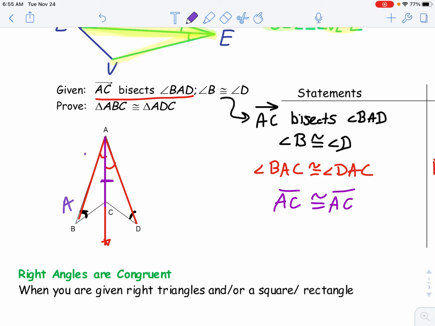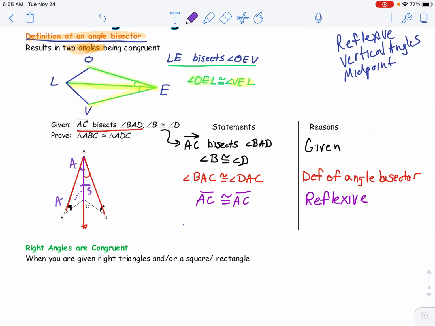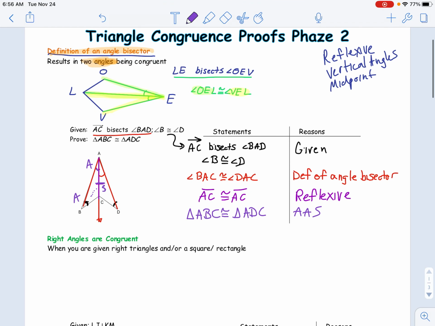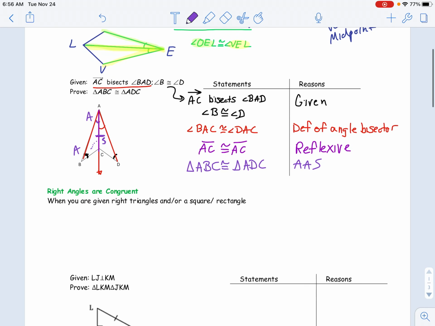I have an angle, I have an angle, I have a side that's non-included. This side only touches one angle. It does not touch the other one. So it's going to be triangle ABC is congruent to triangle ADC by angle side. All right, that's it right there.